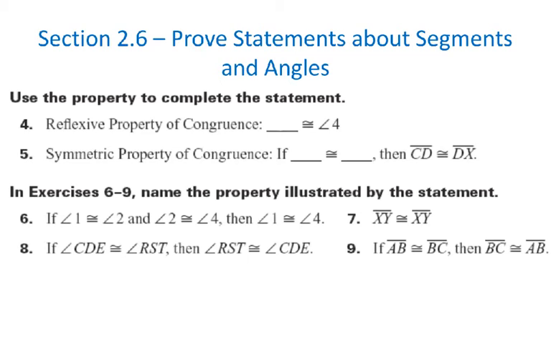So reflexive property of congruence, here's how we would state it: if we're going to fill in the blank, and this is angle 4 over here, well, reflexive property is the redundant one, so this is angle 4 over here. Symmetric property of congruence: this is our then statement, remember, flip them. And that's going to be our if statement.